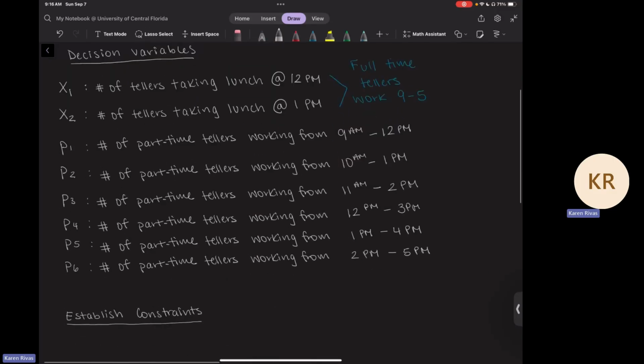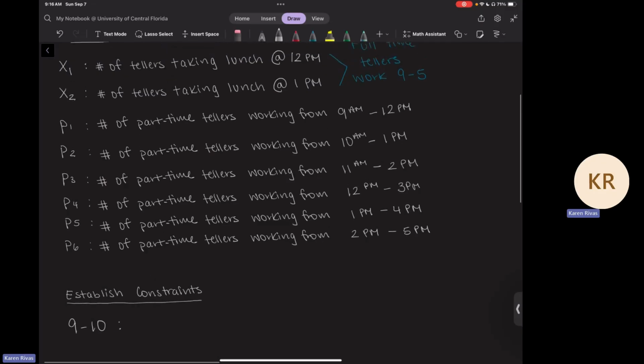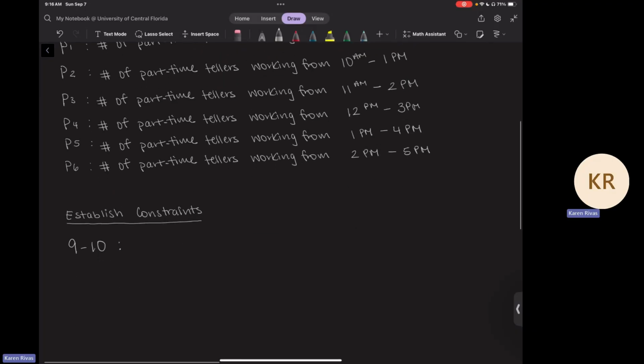So we'll start from 9 to 10. So from 9 to 10, we have both the full-time tellers that are taking lunch at 12 as well as 1. They both work 9 to 5, so they'll both be included.